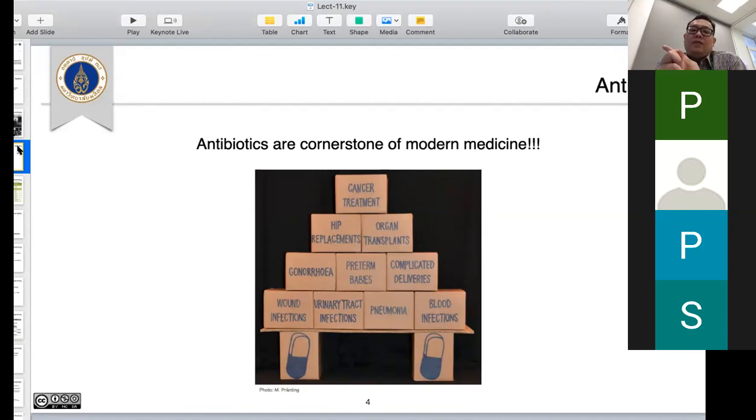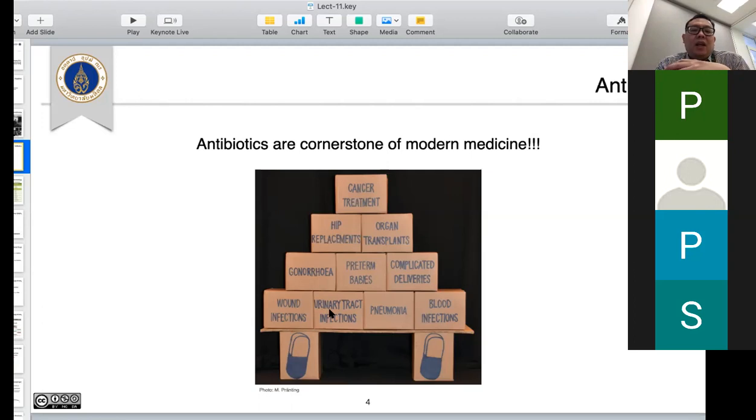Pneumonia is another infection, and blood infection, UTI. Do you know UTI, urinary tract infection? You get infected in the urinary tract, including kidney, urinary bladder, and all the tubes. Gonorrhea, a sexually transmitted disease.